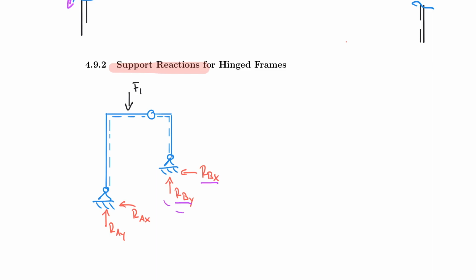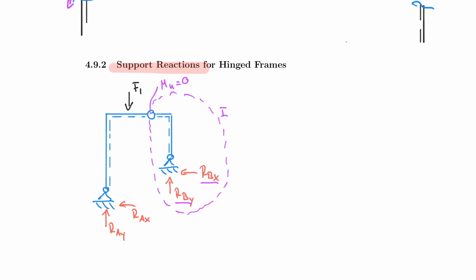Then I could have a subsystem that passes through the hinge, because remember that M at the hinge is equal to 0. And so I can create a cut that I'm going to call cut 1, in which RBY and RBX exist. And now I need to create a second cut in which the same two unknowns are represented.